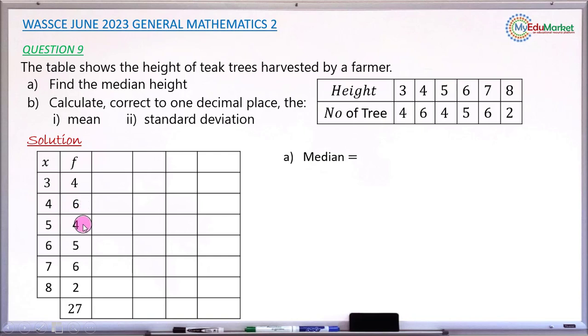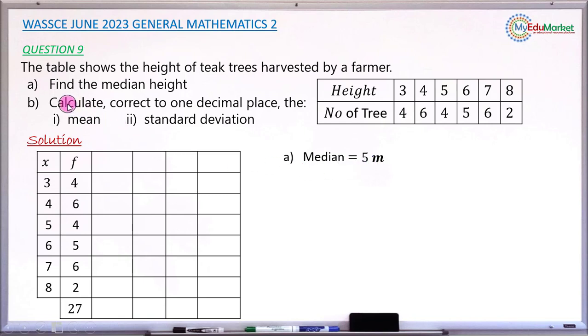If I move down to those with 5 meters each, there are 4 in number. So I have 10 already, and adding these trees that are 5 meters each, I have 14 of them. So which means number 14, its height is going to be 5 meters. Therefore, 5 meters is my median height. Question A has now been answered.